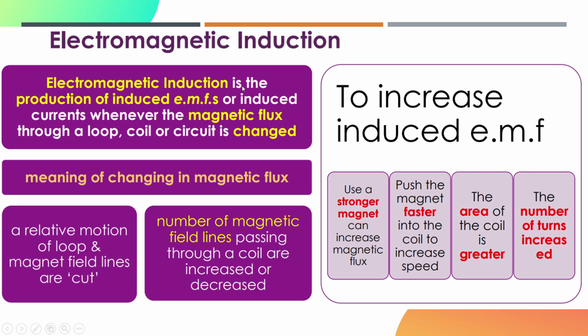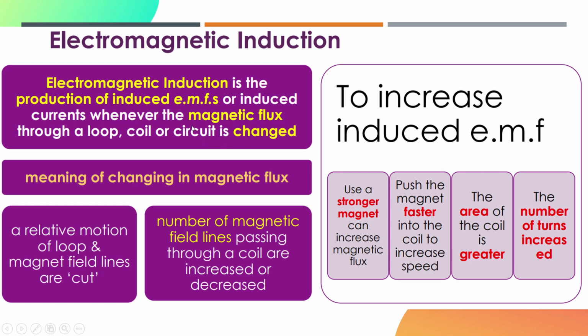Basically it's the production of induced EMF, or induced voltage, or induced current whenever there is a magnetic flux change. Bila ada perubahan magnetic flux dalam loop, coil or circuit, kemudian akan ada induced EMF.